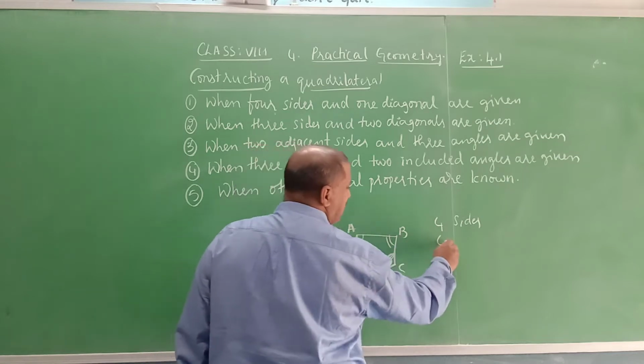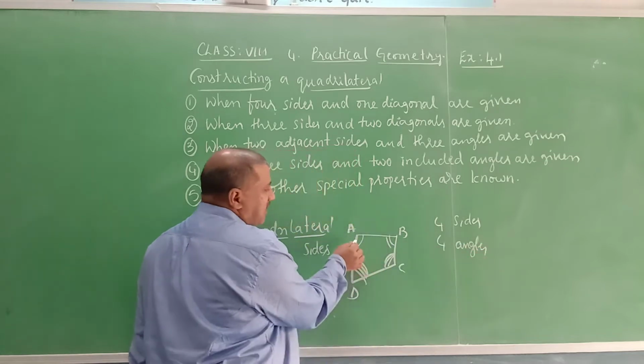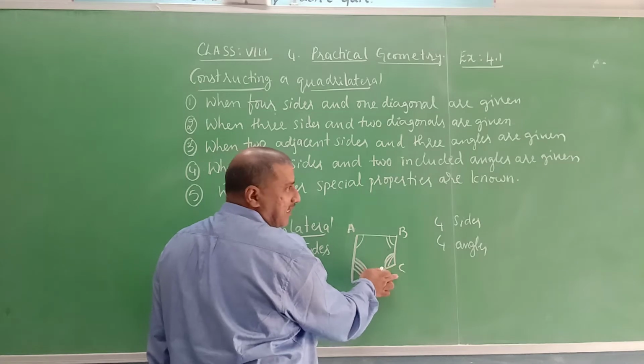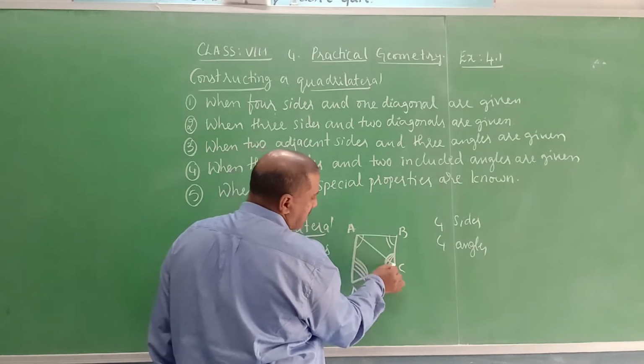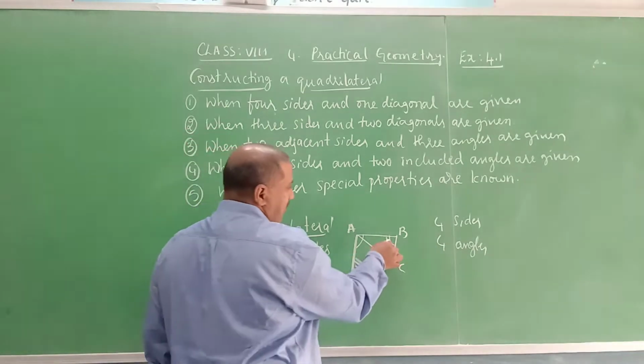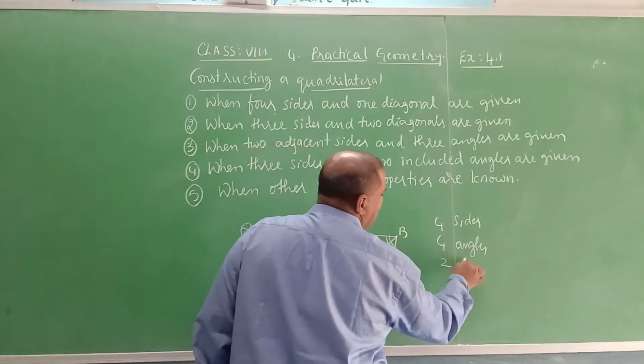So four angles. And what do we call this line segment, children, that is drawn from vertex A to vertex C, the two opposite vertices? It is the diagonal. BD is also one diagonal. So a total of two diagonals are there.